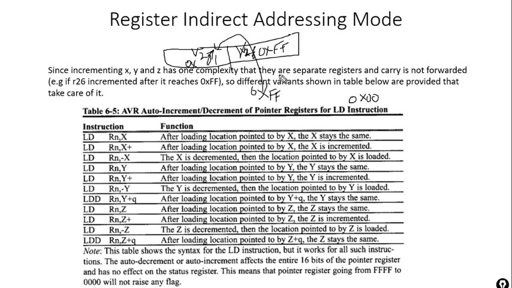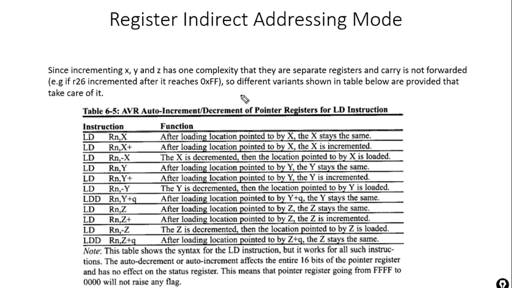After one more increment it will become 0x00, and R27 should become 0x02, but that won't happen. There is another way to do that without using the variant, but since we already have the instruction load data, LD Rn, X plus, these variants take care of this complexity, and you do not need to worry about that.